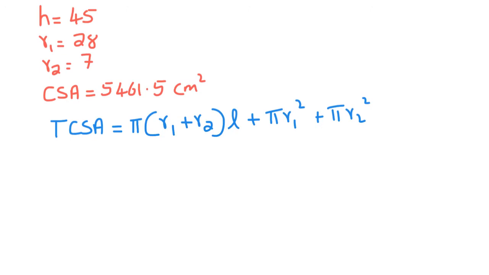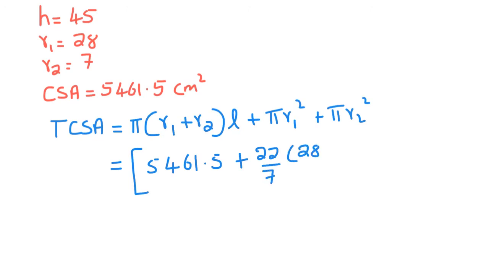So we will have pi (R1 plus R2) times L, that's going to be 5,461.5, plus pi R1 squared, 22/7 times R1, which is 28, so 28 squared, plus pi R2 squared, which is 22/7 times R2, which is 7, so 7 squared, and the whole thing.